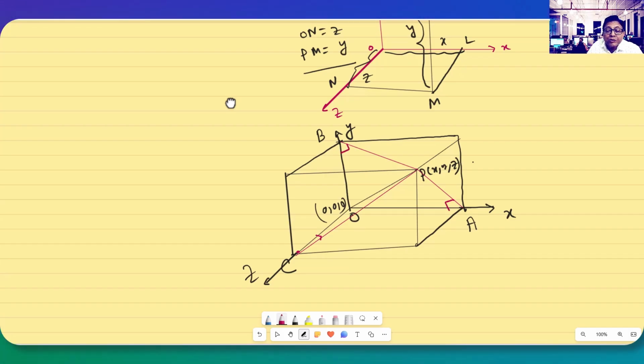This one also 90 degree. So which part is x over there? That OA is x, OB is y, and OC is z. What I have told you earlier, the same thing, we are just seeing it with different manner.